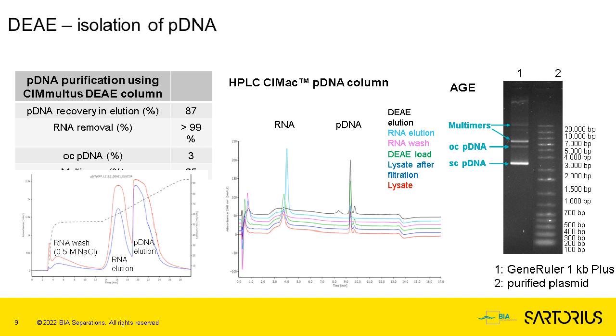In this plasmid capture step, we apply the DEAE column with a gradient of salt, which is very well understood, to remove the RNA with the so-called RNA wash, and then we perform the linear gradient to remove any residual RNA that was not removed by the half-molar sodium chloride wash, followed by elution of the plasmid DNA.